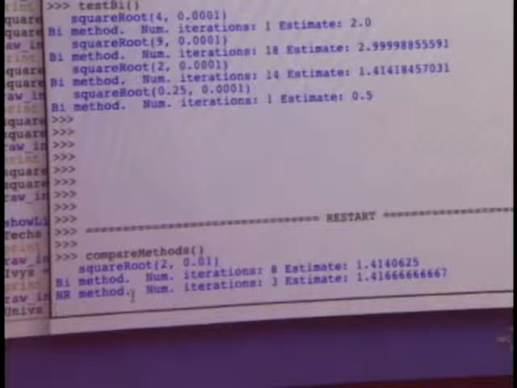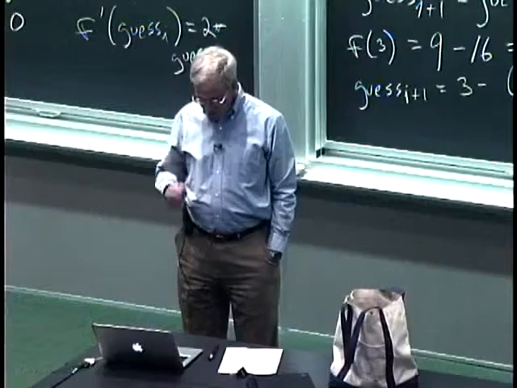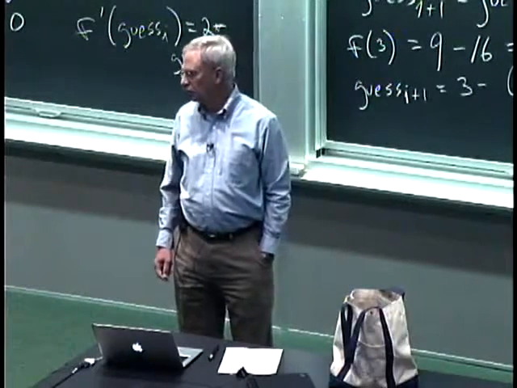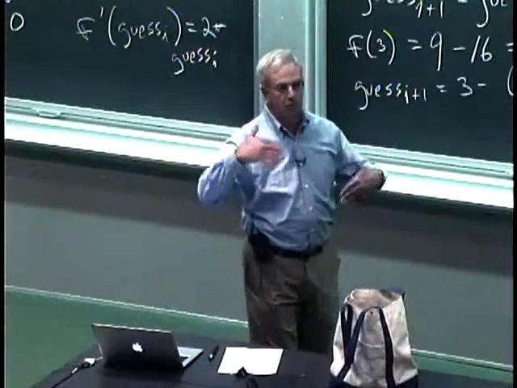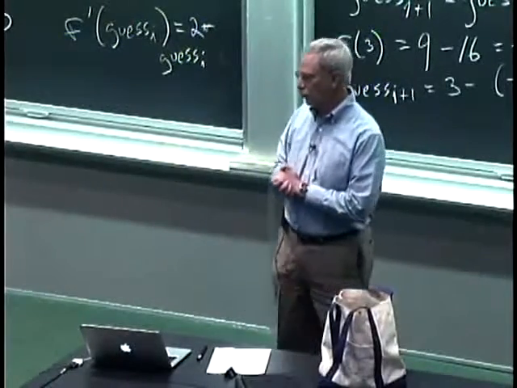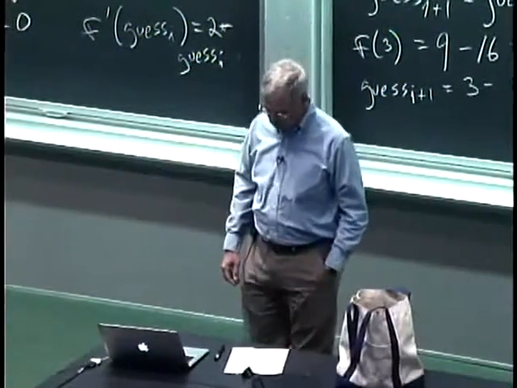And at least we'll notice for 2 that the bisection method took 8 iterations. The Newton-Raphson only took 3. So it was more efficient. They came up with slightly different answers, but both answers are within 0.01, which is what I gave it here for epsilon. So we're okay. So even though they have different answers, they both satisfy the same specification, so we have no problem.